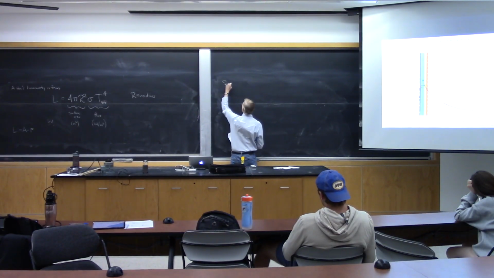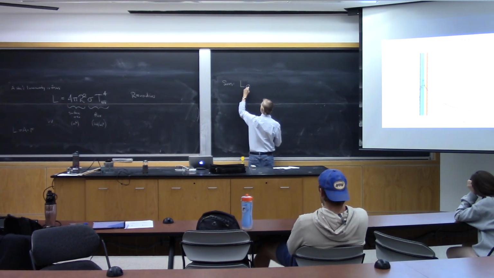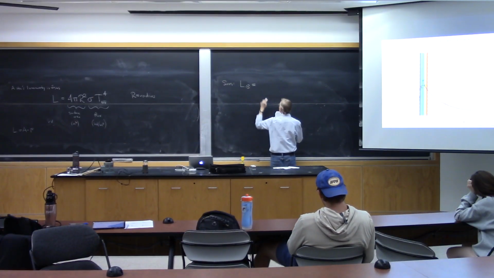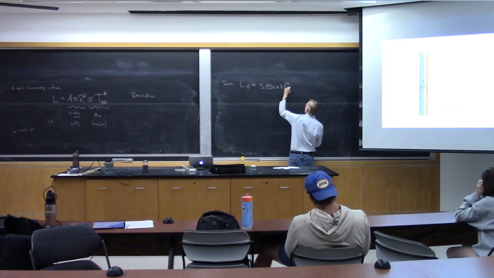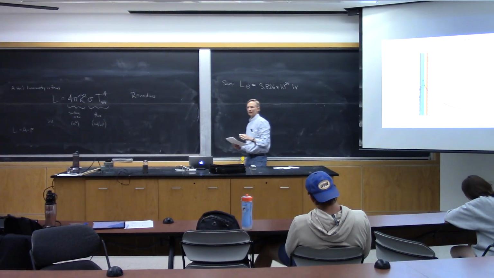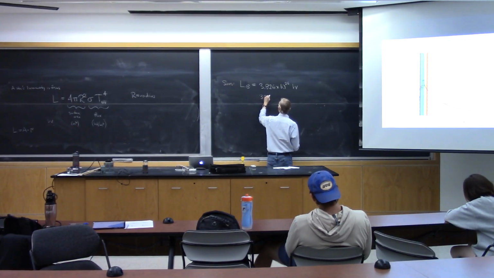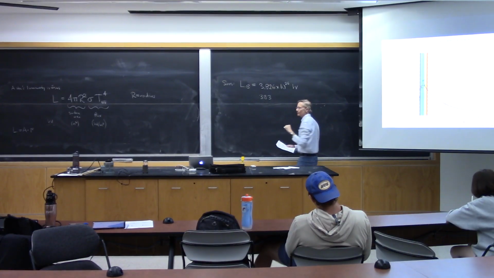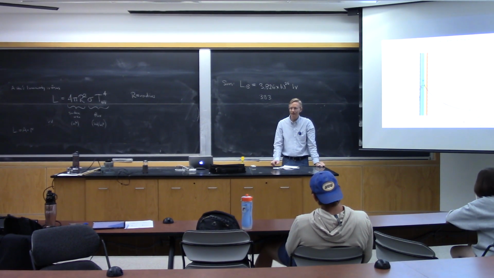Let's look at the sun. The sun has luminosity of 3.826 times 10 to the 26th power watts. 10 to the 26th power is 10 to the 12 times 10 to the 12 times 100. 10 to the 12 is known as a trillion, right?